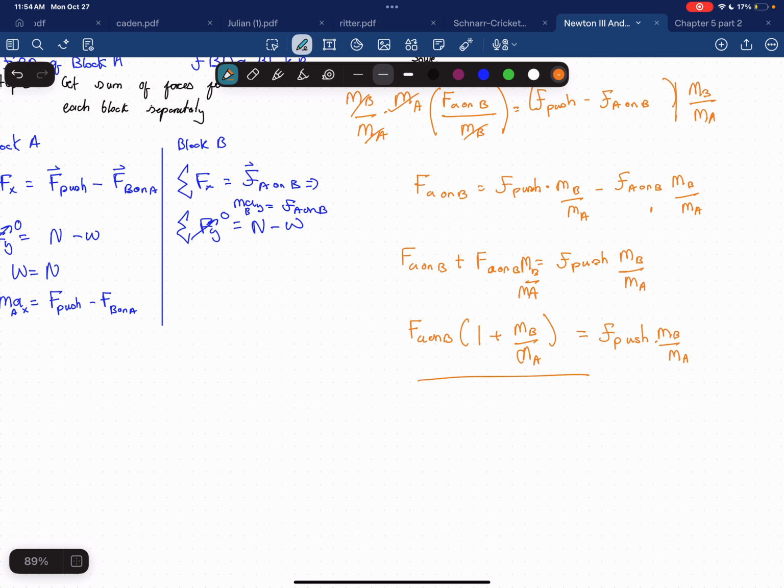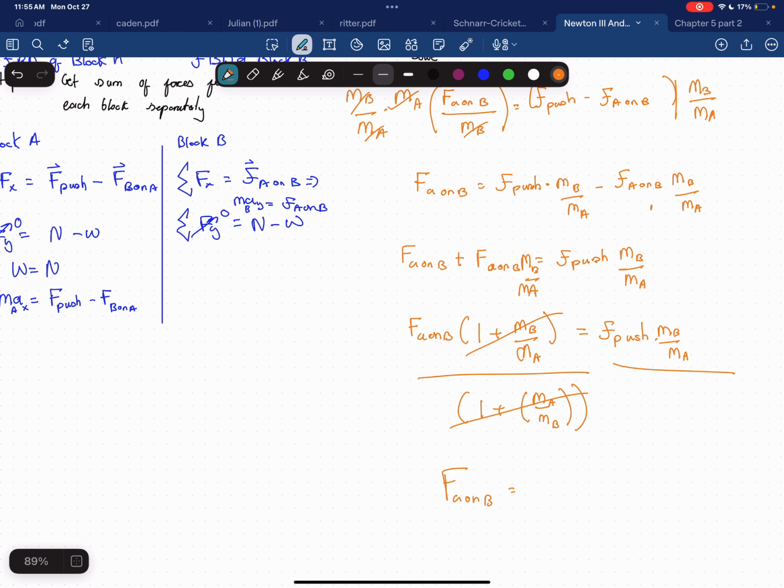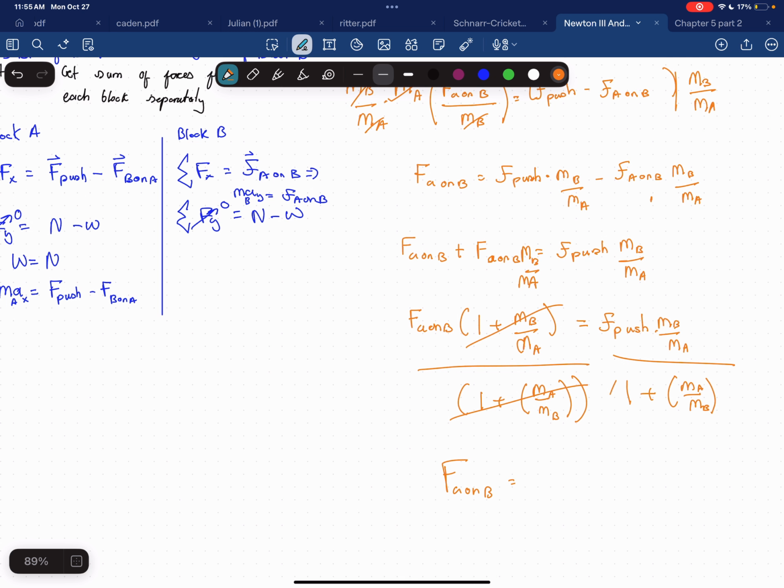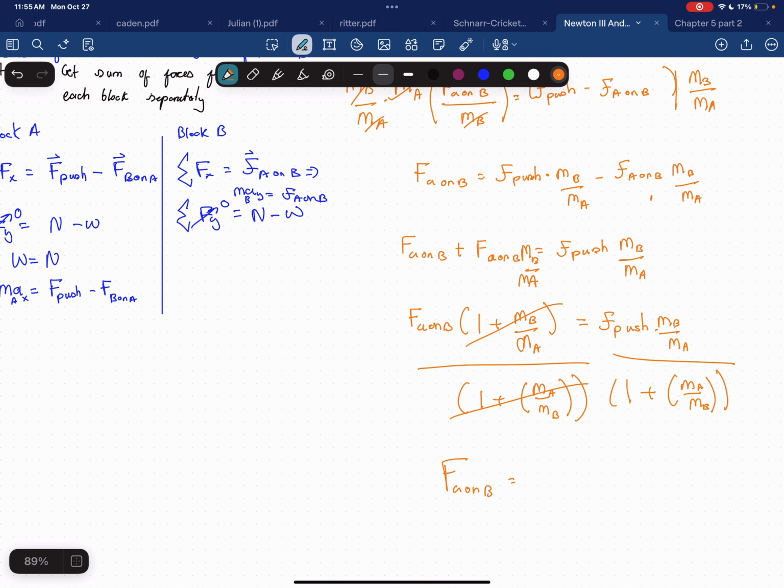So I can divide by the factor with mass A and mass B, then I cancel this out. The force of A on B, which is the force of block A on block B, can be determined. I know most of you who are math enthusiasts are probably not too happy about my mathematics here, but it works. So I'm sorry, but this is what I'm going to do.